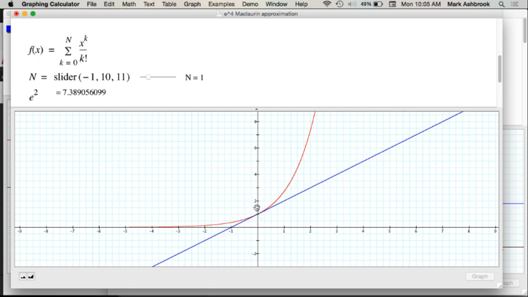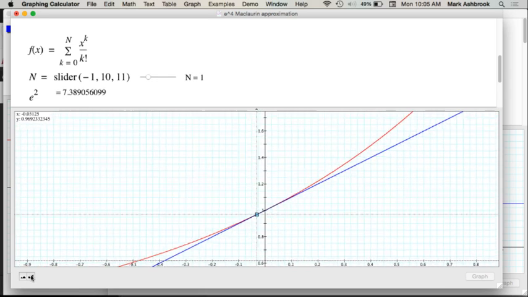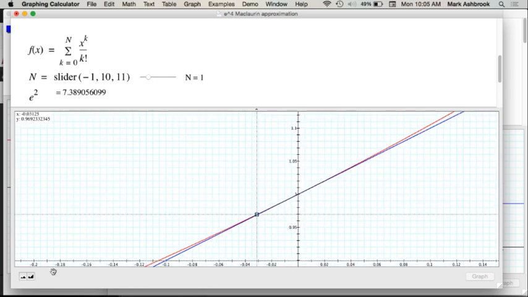If I zoom in right there, there's a little neighborhood, like from -0.04 to 0.04, where the polynomial of just two terms, the tangent line, does a pretty good job approximating the function.